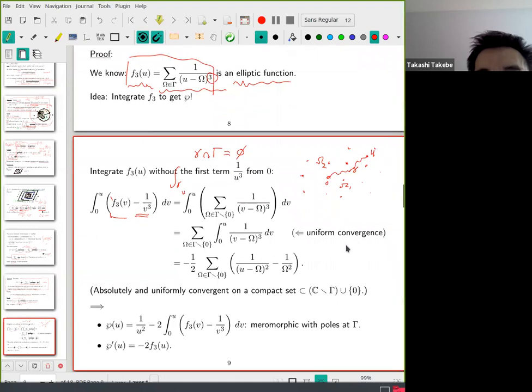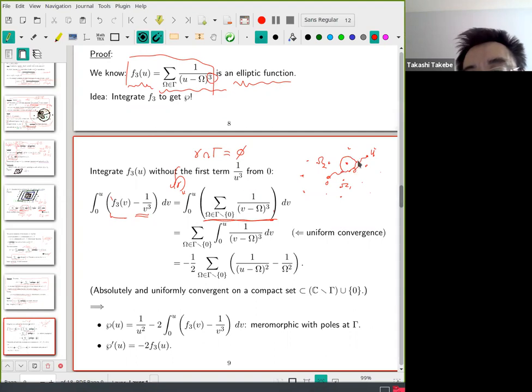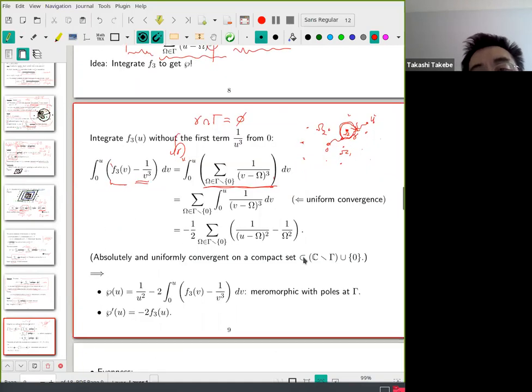This integral does not depend on gamma because this sum does not have a residue. So if we change gamma from this to this, we pick up residues at these lattice points, but at each lattice point, this series does not have a residue. So we do not have to specify the integration contour concretely.